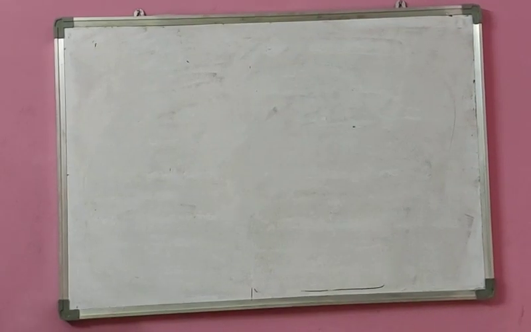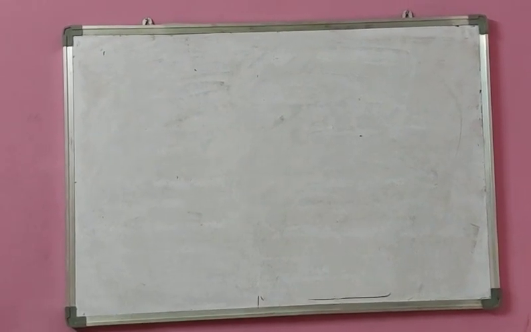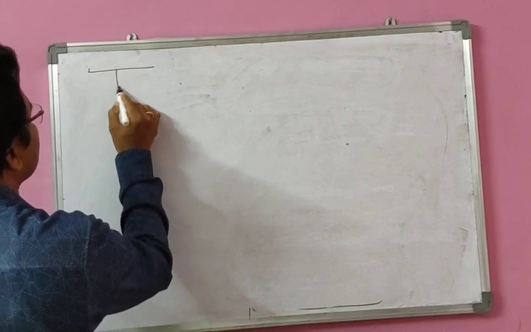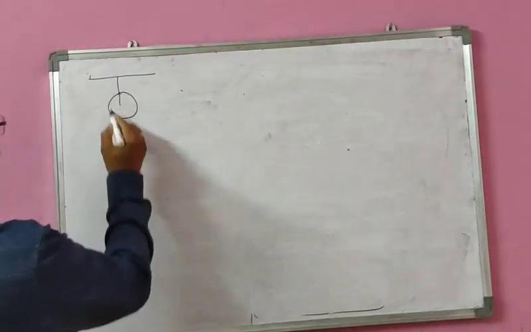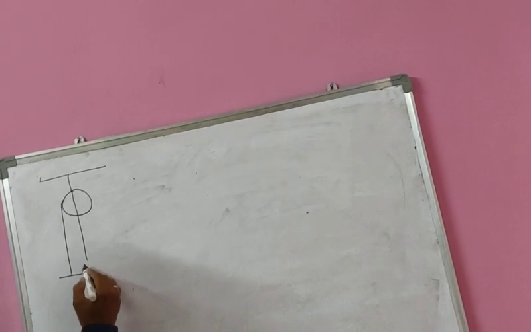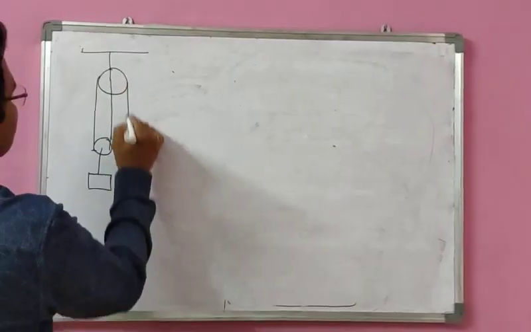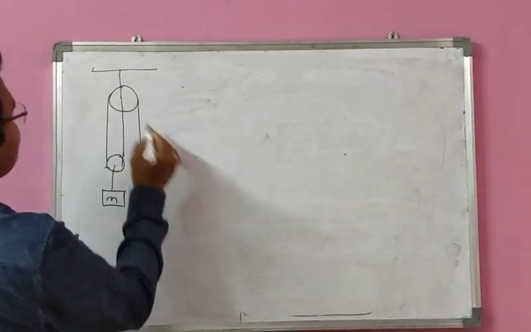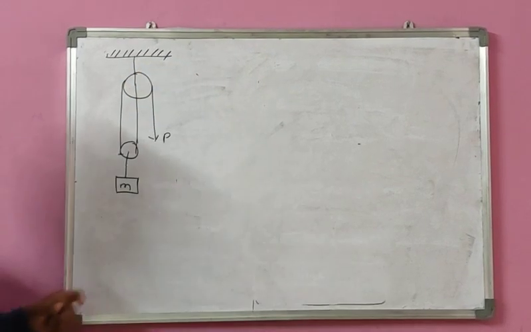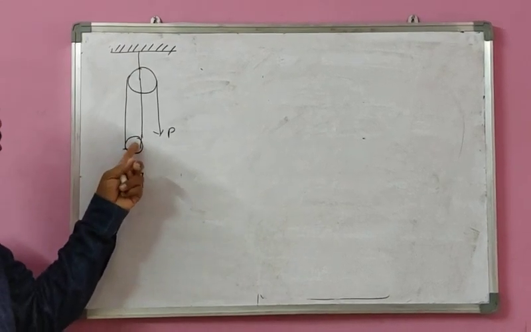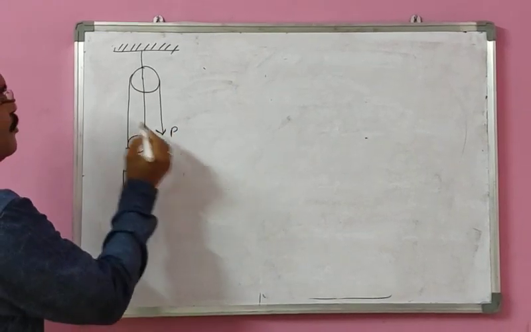Moving on to next problem. So this is a system in which a block M is connected by means of a string passing over this movable pulley, and again this is a smooth pulley and connected to point P here.